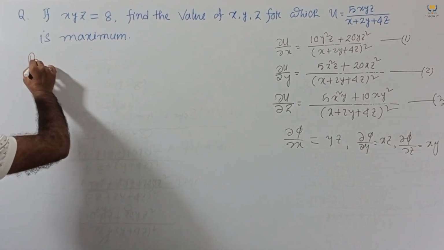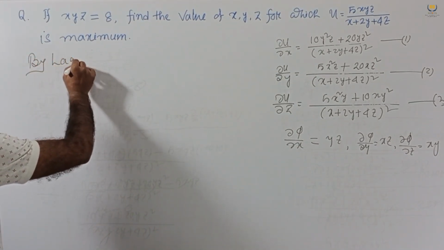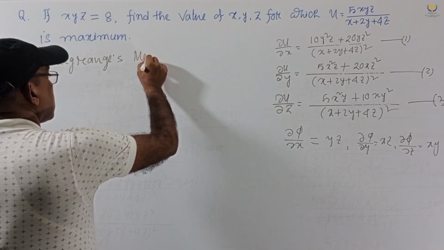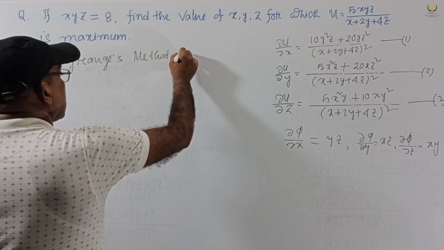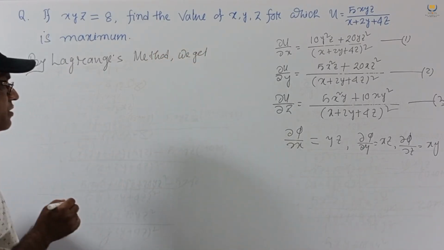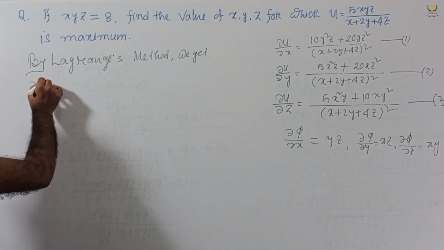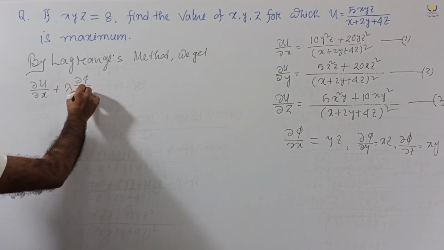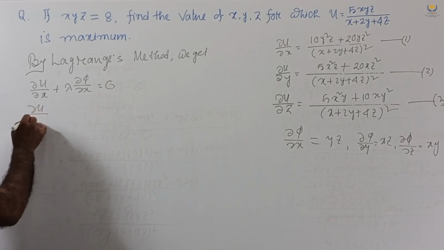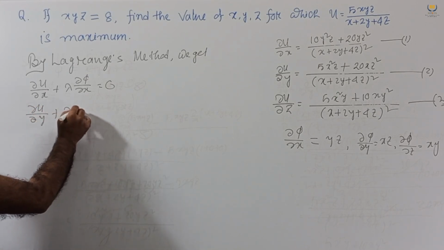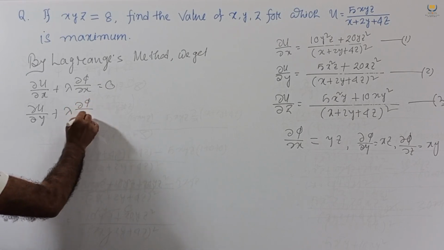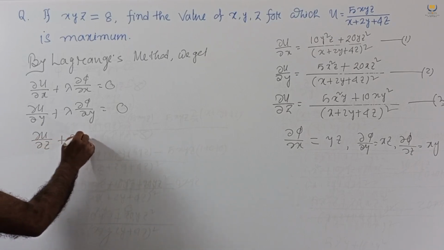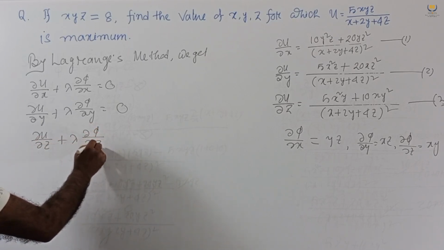By the Lagrange method, or Lagrange equation, we get ∂u/∂x + λ ∂φ/∂x = 0, ∂u/∂y + λ ∂φ/∂y = 0, ∂u/∂z + λ ∂φ/∂z = 0.